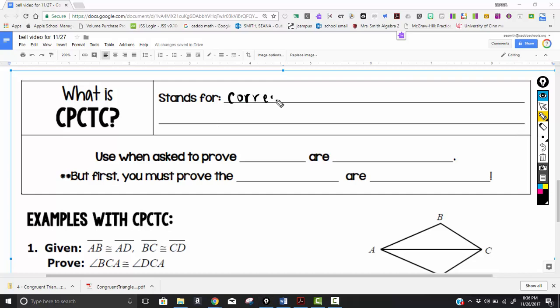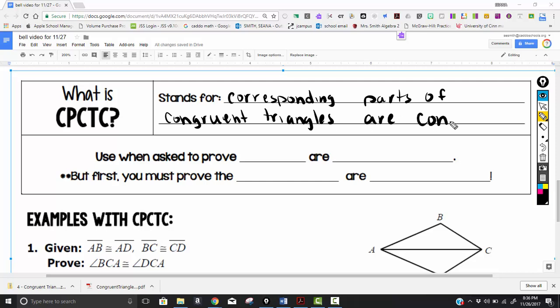It stands for corresponding parts, there's your P, of congruent triangles are congruent, the last C. So the letters come from, it's an acronym, they come from the first letter of the words underlined in blue. Okay, that's where it comes from. Write this in your notebook.